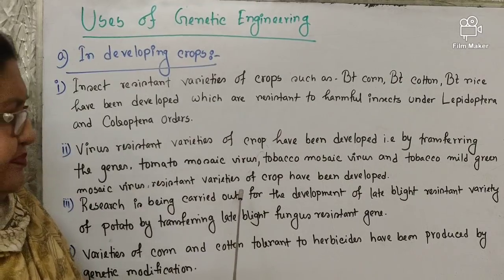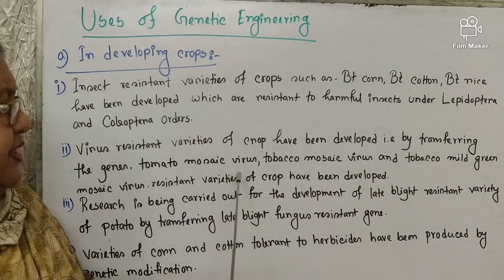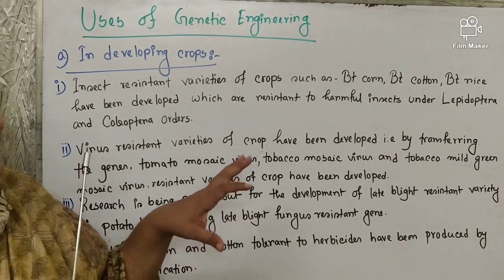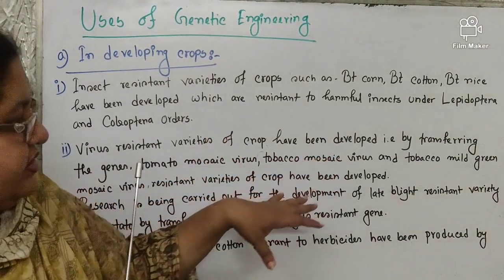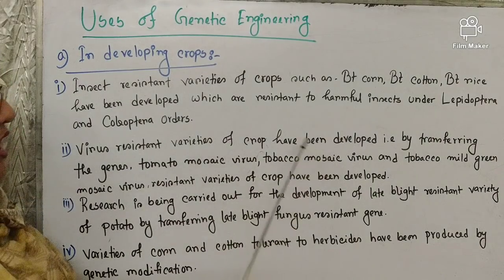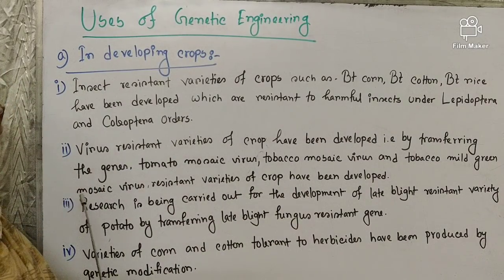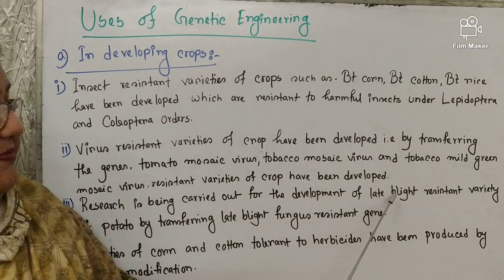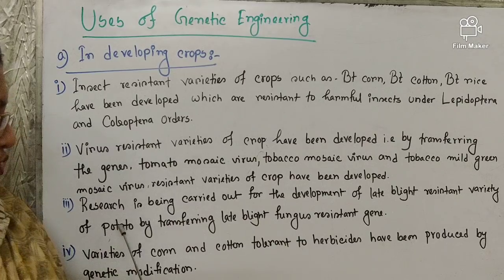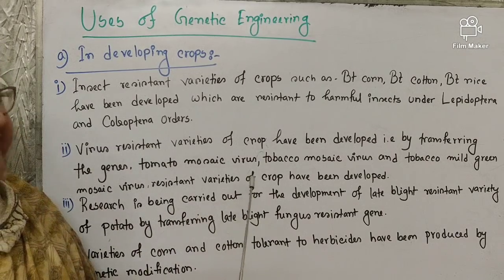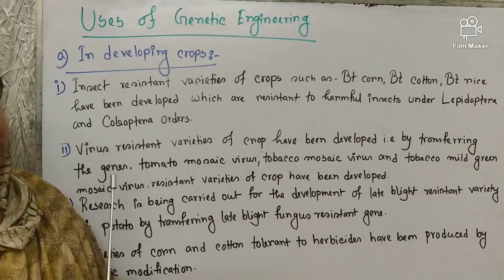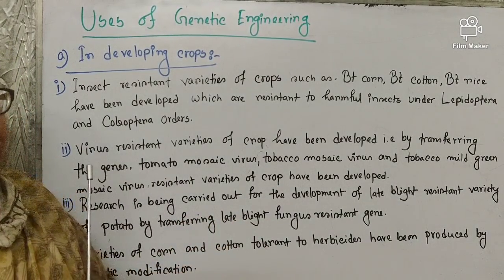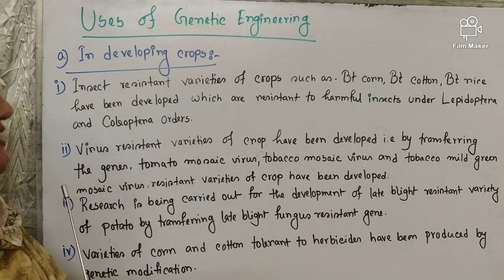Then research is being carried out for the development of leaf blight resistant varieties of potato by transferring leaf blight fungus resistance genes. So it is possible to produce fungus resistant varieties through genetic engineering.